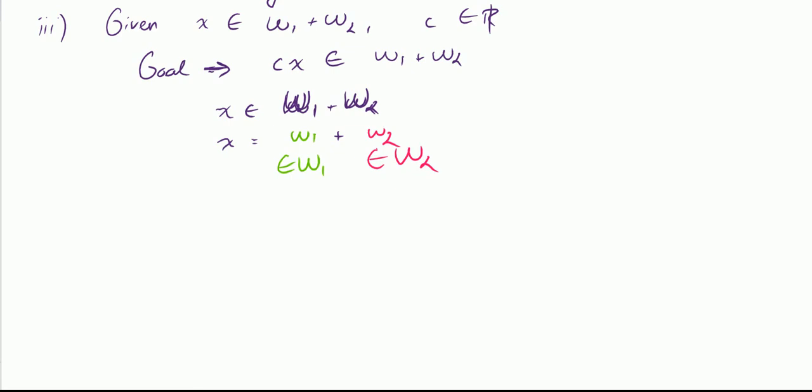Now, what I do next is I rescale the left-hand side by c, which is just a fancy way of saying I multiply x by c. I do c times x, which is equal to c times w1 plus w2.